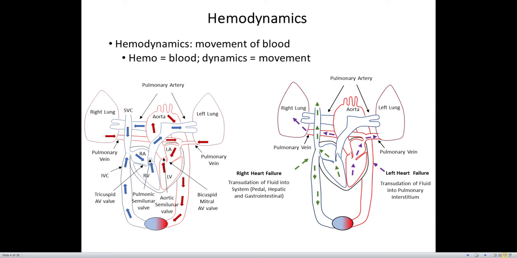And usually we will use terms like pressure instead, because it's really the pressure that's going to be transmitted backwards. When that happens, that pressure is transmitted into the superior vena cava and the inferior vena cava, and eventually into the periphery. The signs we'll see with right ventricular heart failure are jugular venous distension, hepatomegaly, and pedal edema.